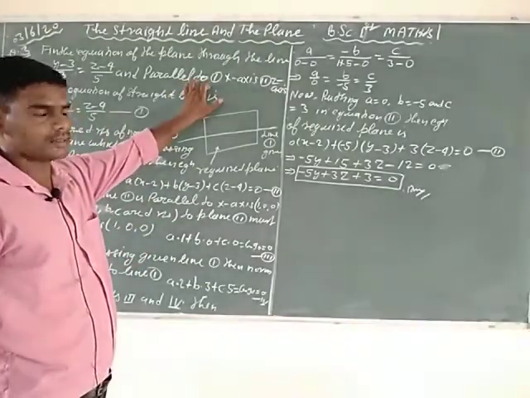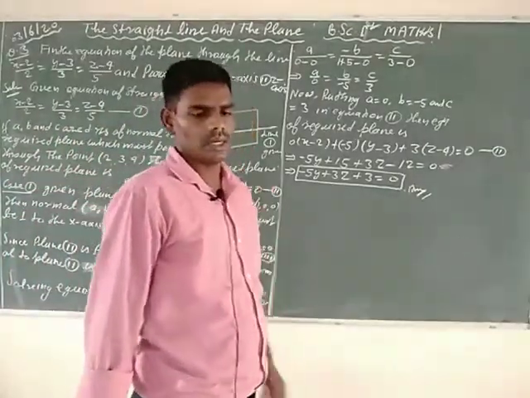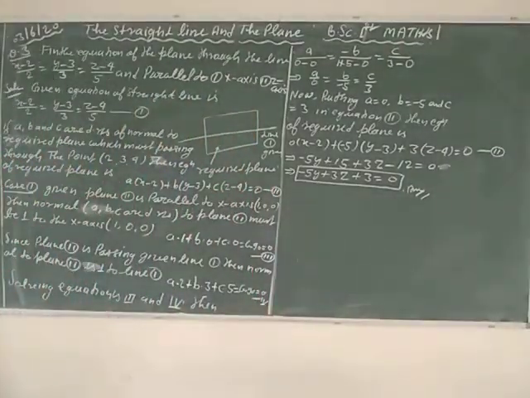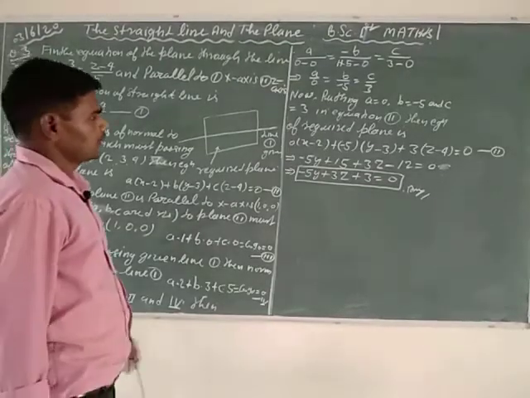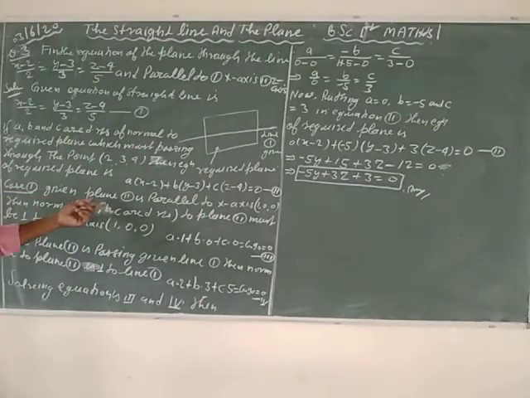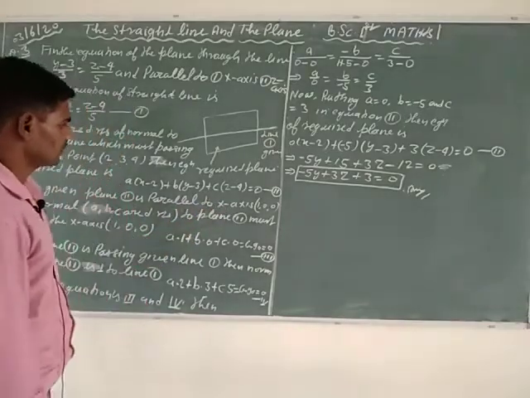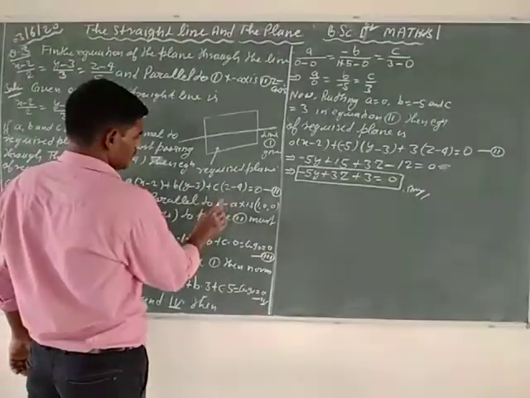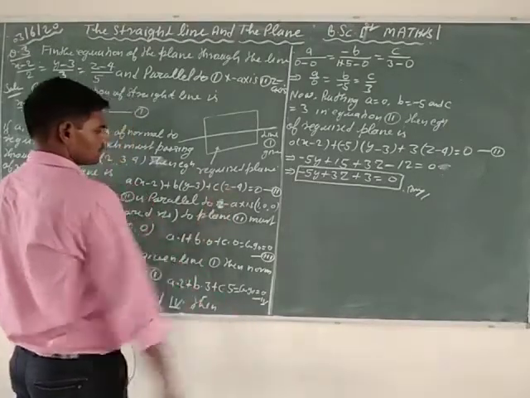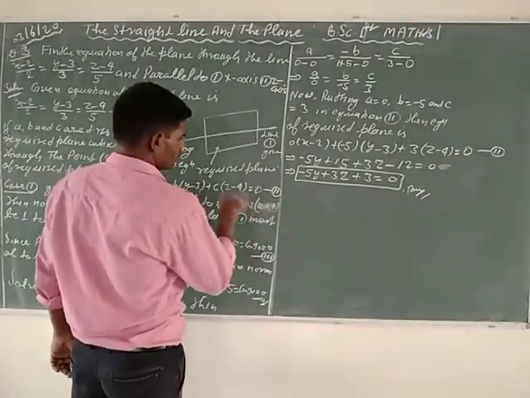In the first case, the required plane is parallel to the x-axis. Similarly, you can prove the case second, where the given plane second is parallel to the z-axis, whose direction ratios are 0, 0, 1.